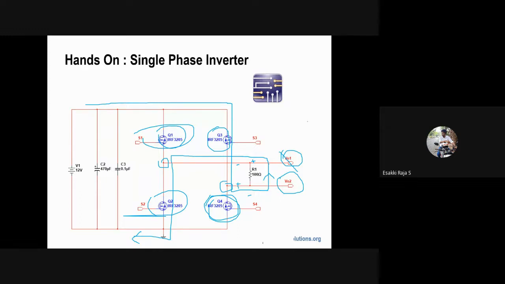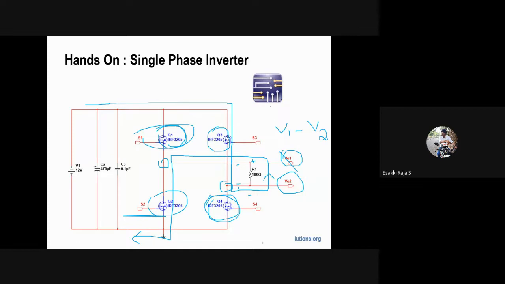In the same way, if I subtract V1 from V2, our Q1 and Q4 will be considered the positive cycle.